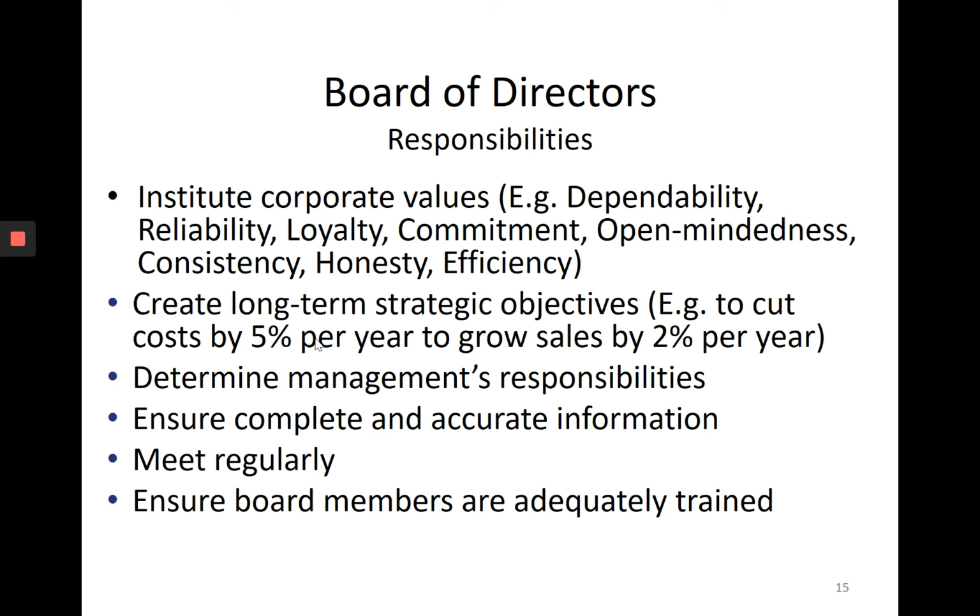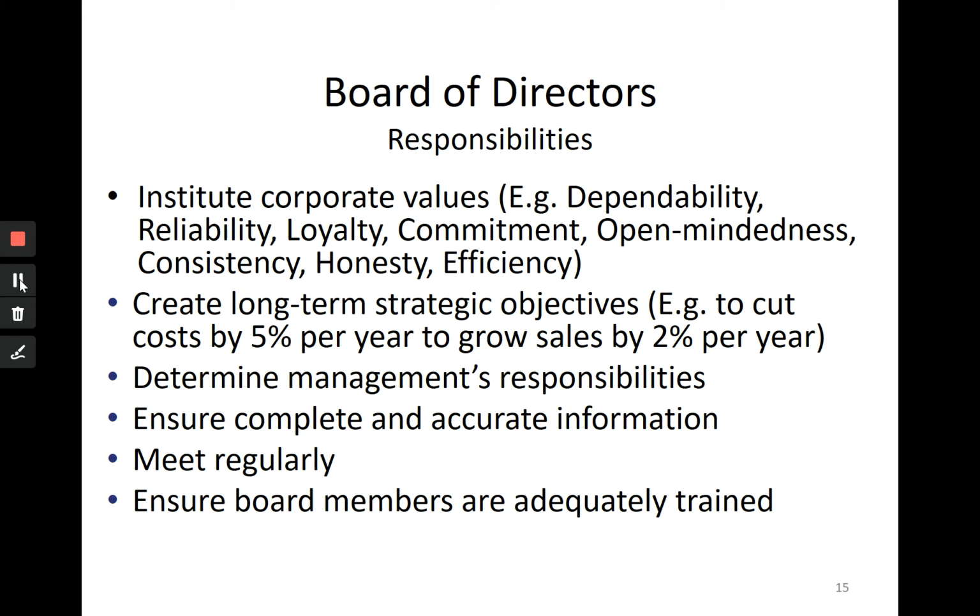And of course, goals should be objectively achievable. They should not be pie in the sky. Determine managers' responsibilities. Of course, the board often has this ability to hire and fire the chief executive officer, and thereby affects the other members of the management team.